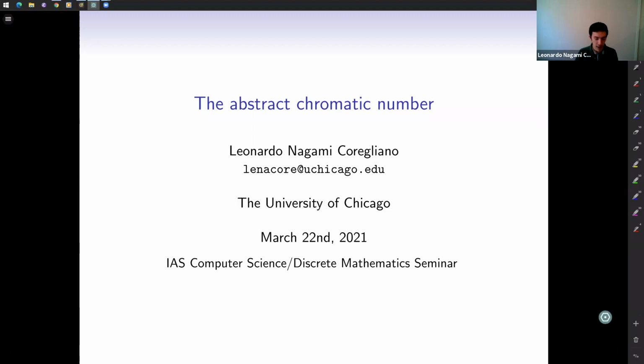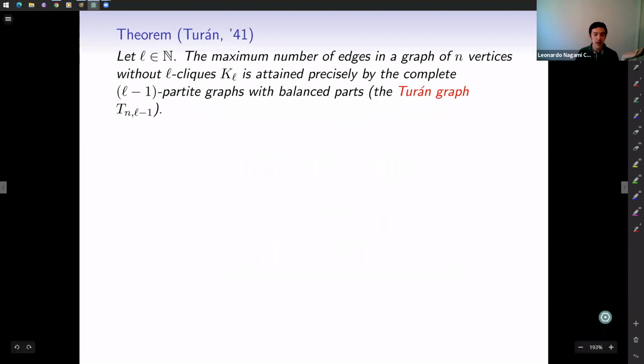If you have ever taken a basic class in extremal graph theory, you are bound to have seen one of the classic theorems, which is Turán's theorem. Turán's theorem says that if you want to maximize the number of edges in a graph that doesn't have any L-cliques, that is, there are no L points that are all connected to each other, then the best thing you can possibly do is take L-1 parts, approximately of the same size, and put a complete partite graph.